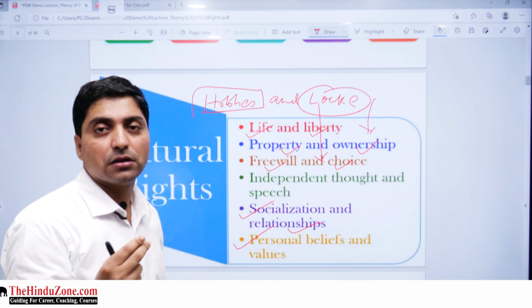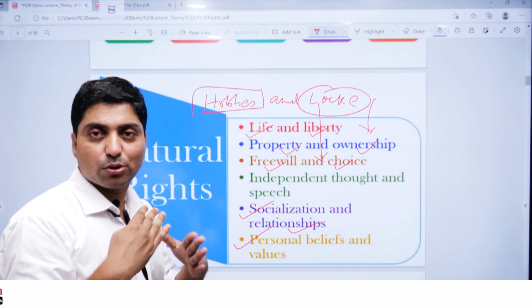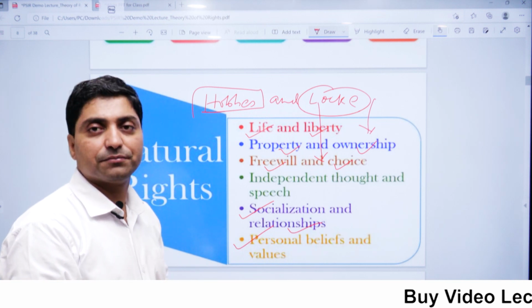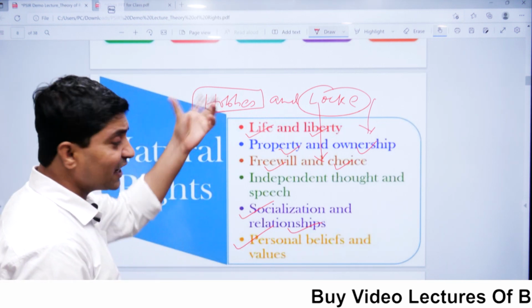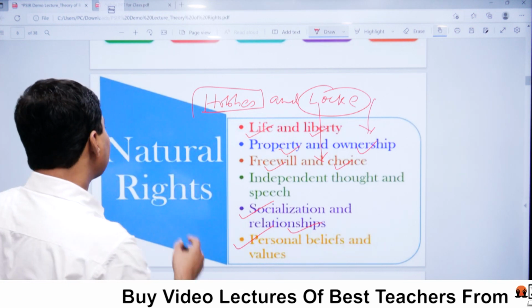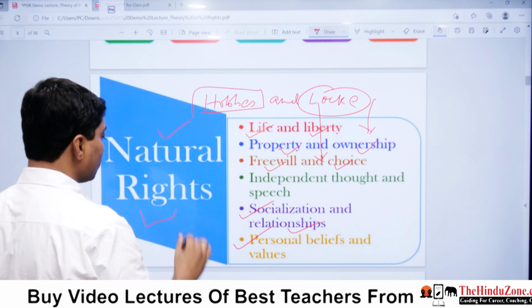Only two rights: the legal right, which is given by the state, and also the right to life. Because the right to life is very important, given by nature, that's why it is called a natural right.